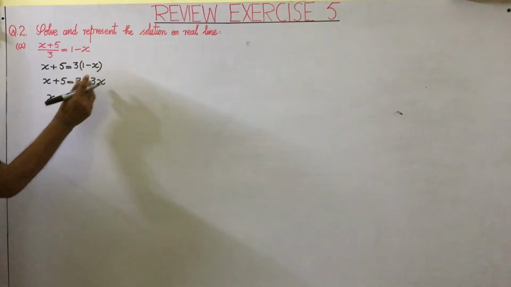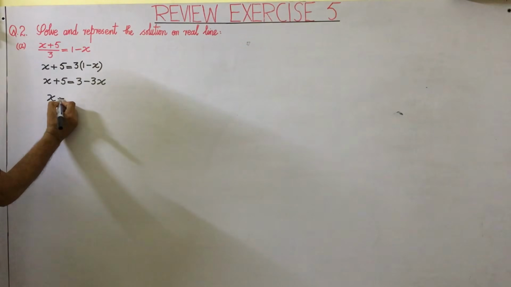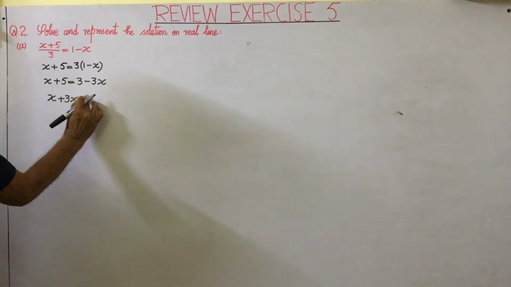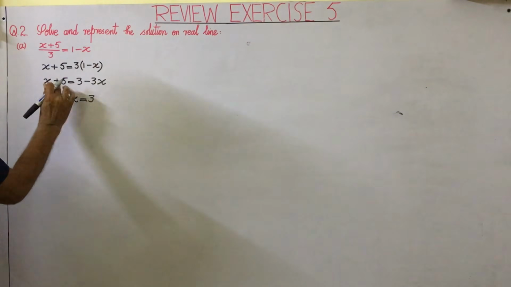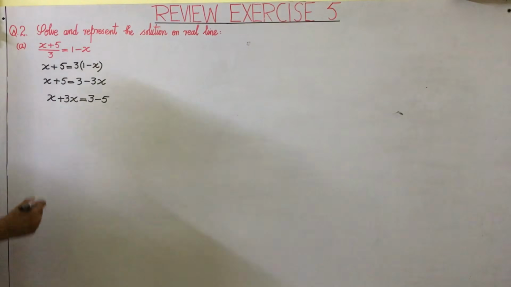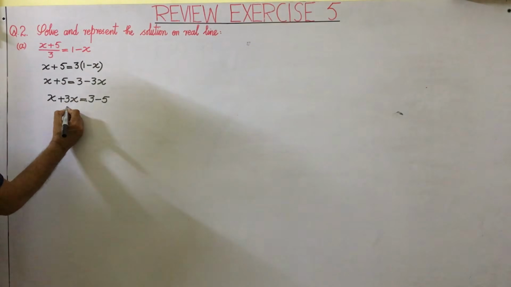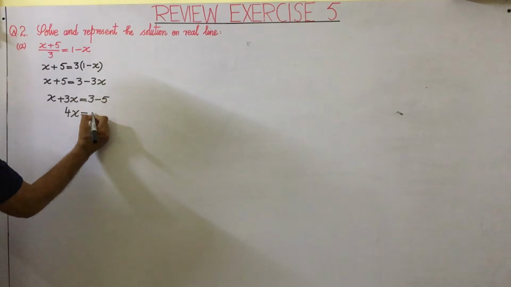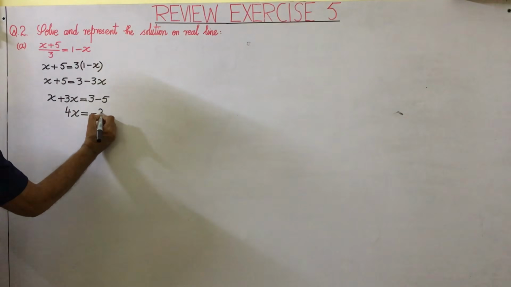x plus 3x is equal to 3 minus 5. x plus 3x is equal to 4x, is equal to 3 minus 5, which is minus 2.